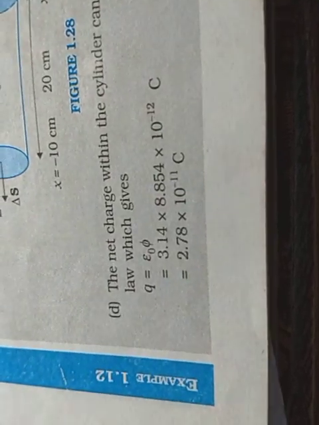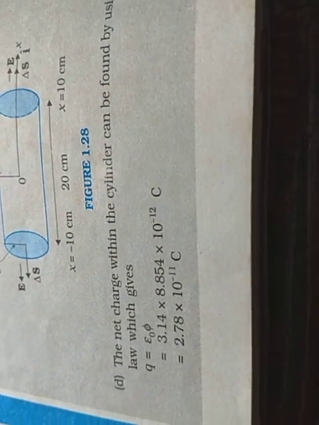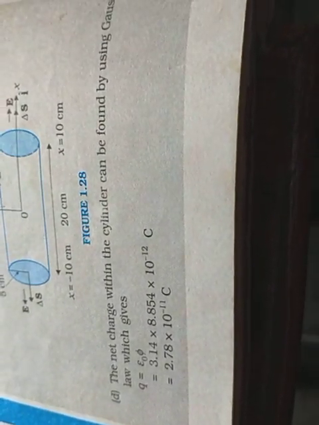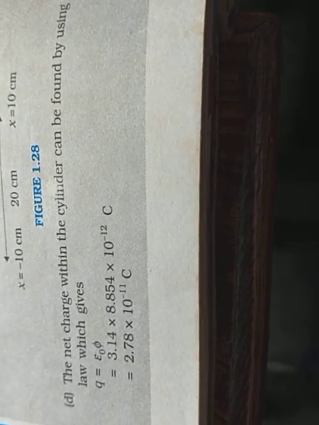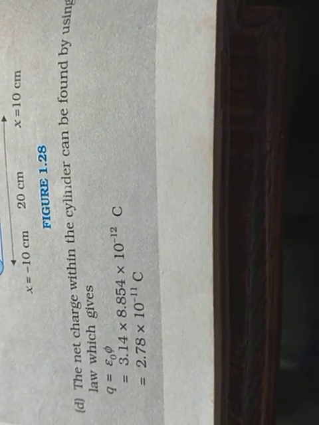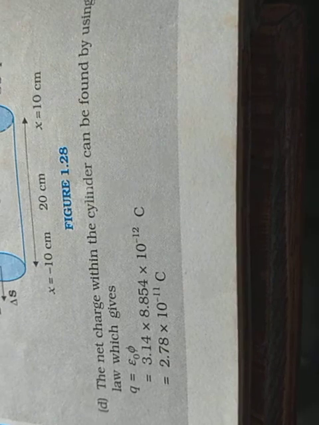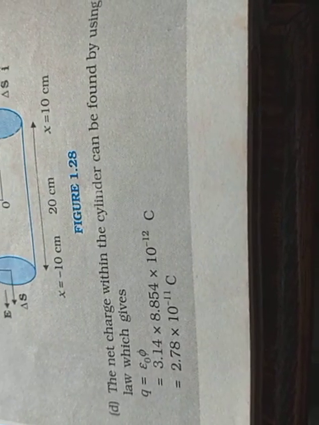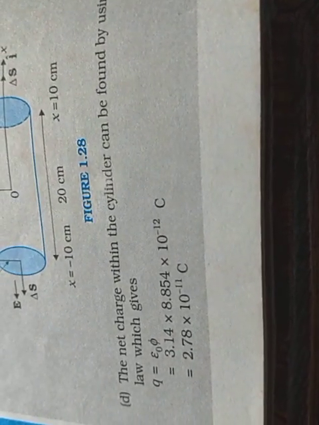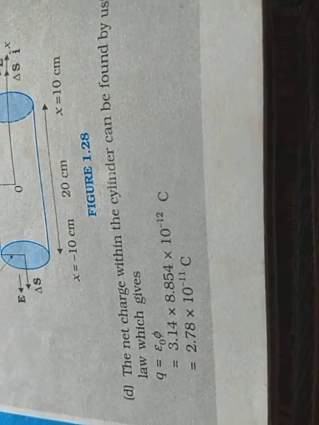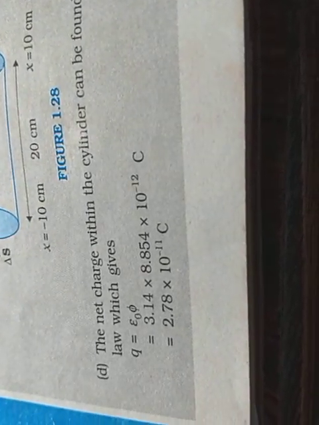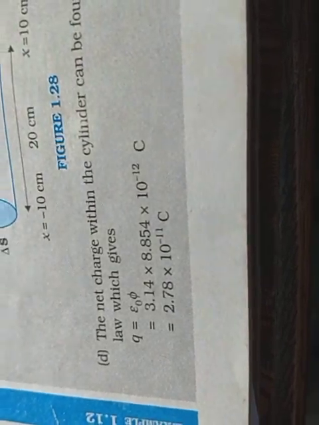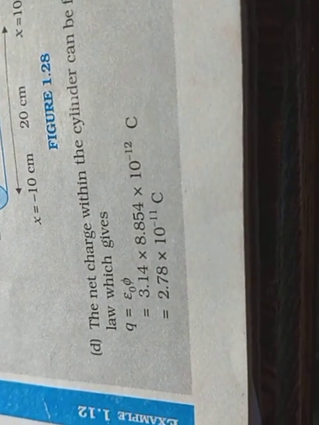Now we have to find the net charge inside the cylinder, due to which there is some net outward flux. We know from Gauss law that the net outward flux phi is equal to 1 by epsilon times the charge enclosed, and from that we derive the relation Q is equal to epsilon into phi, where phi is the electric flux.